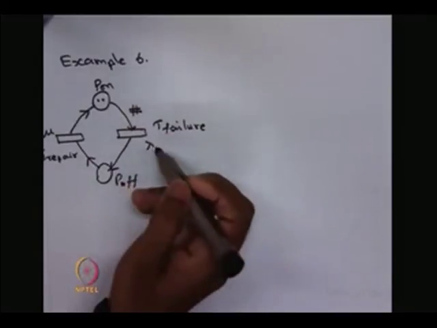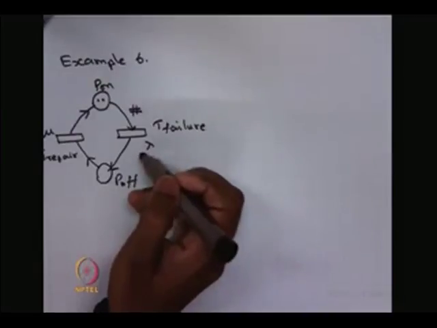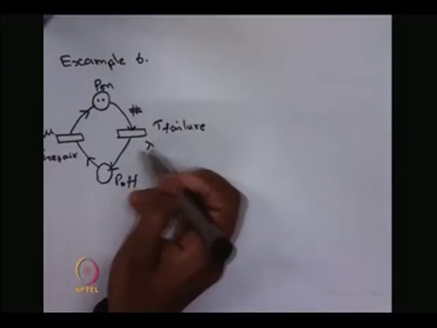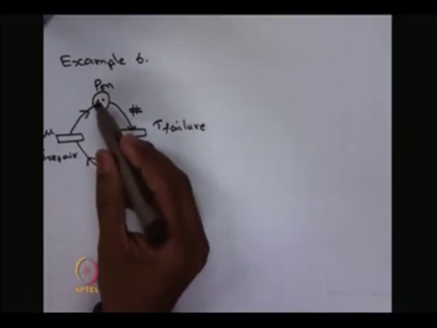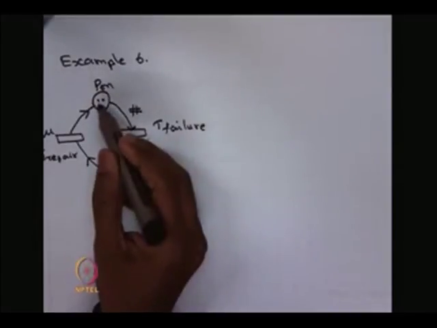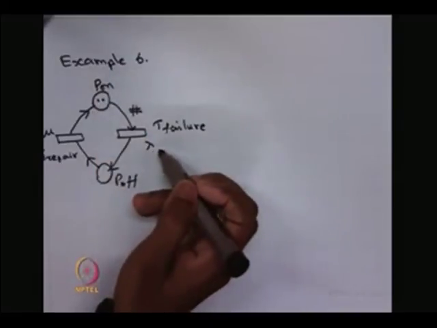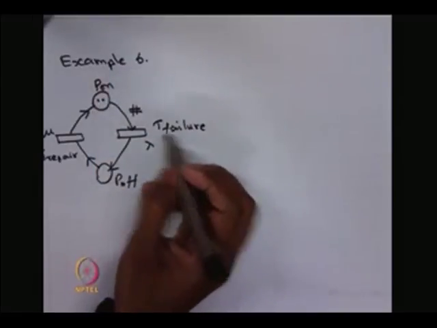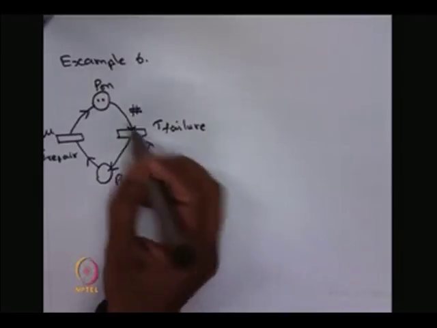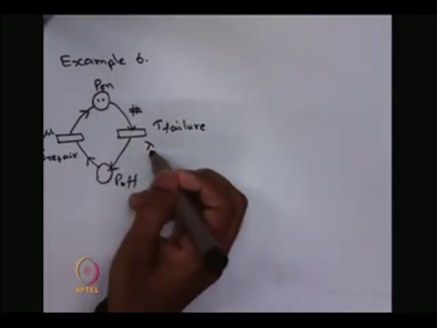That means the actual rate of this transition will be lambda times the number of tokens in the input place corresponding to the input arc. So, here if 2 tokens are in the place P on, then the transition T failure has a rate 2 lambda, otherwise it is lambda.